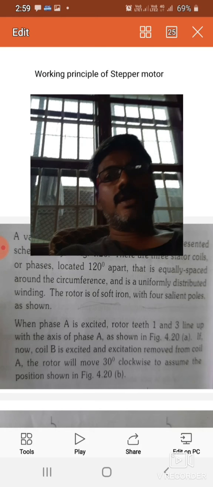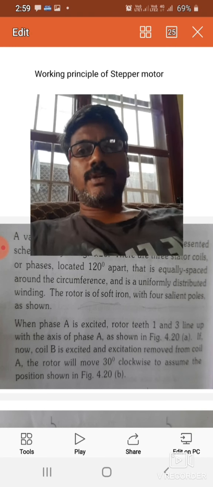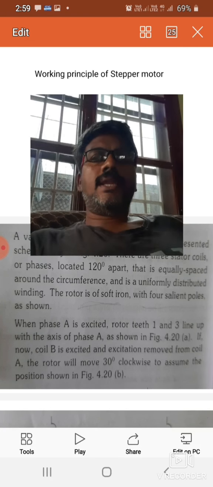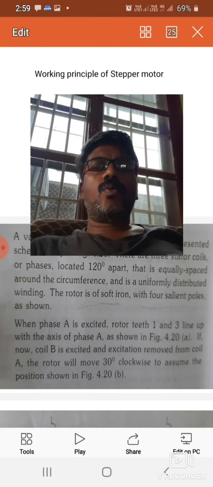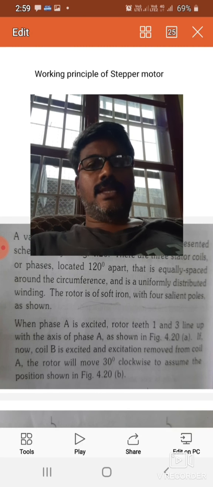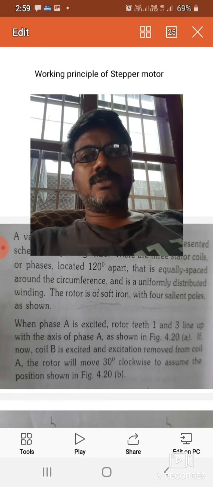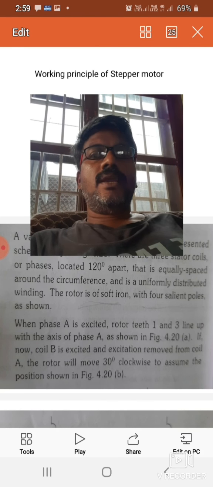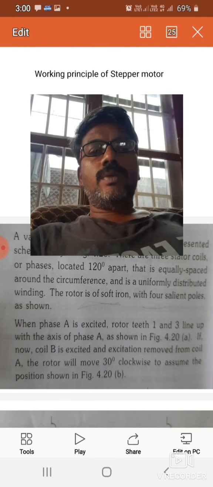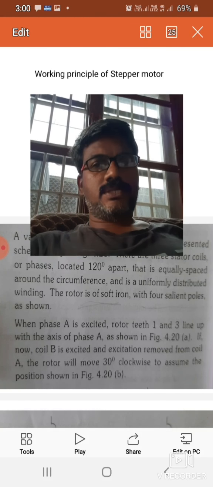A stepper motor is an electromagnetic device designed to convert a series of input power pulses, or digital pulses, into discrete angular movements, that is a mechanical movement, one for each power pulse.